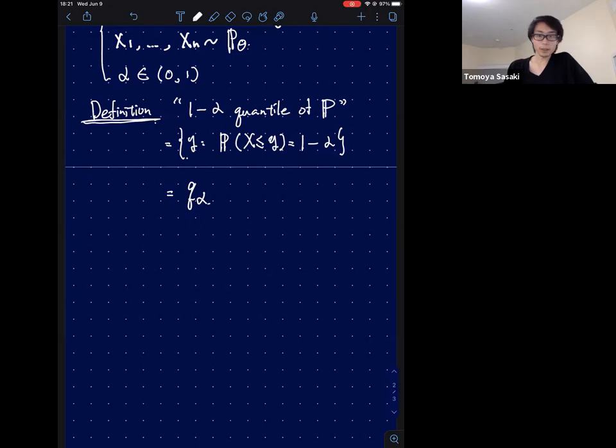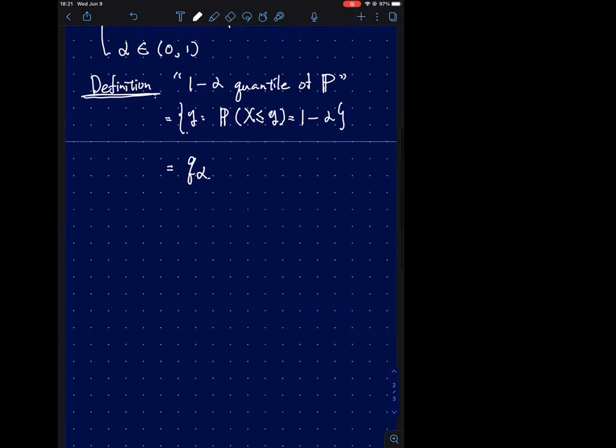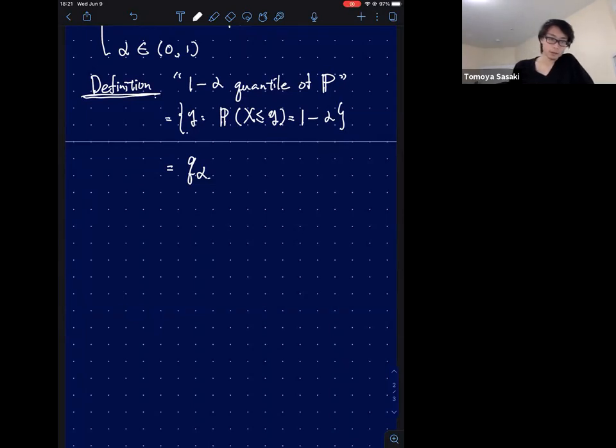It's just a definition, but I just want to make sure that this concept is clear. Are we all good? Okay. So this is too abstract, and I would like to give a concrete example.